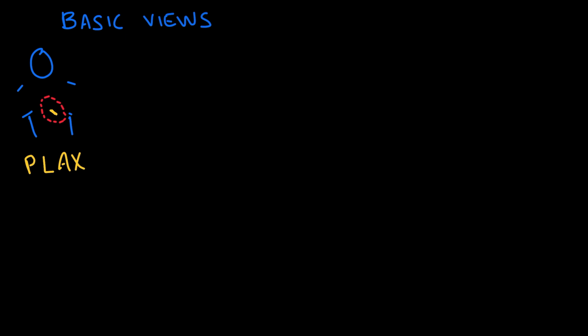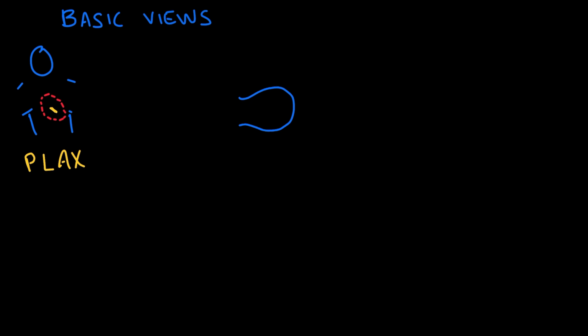What would you see? Well, you would see the left atrium, which empties blood via the mitral valve into the left ventricle, and then blood flows out the aortic valve to the aorta. The left ventricle, let's show some of the thick muscle here.